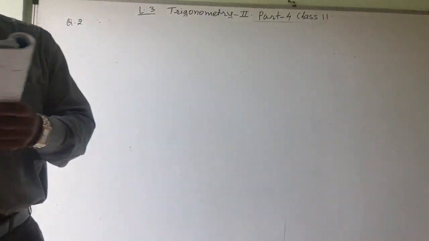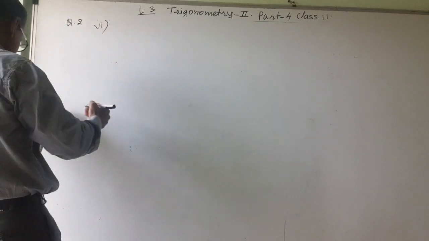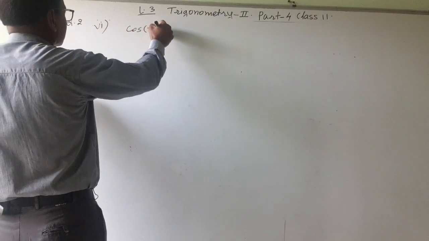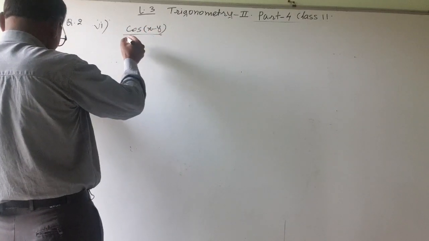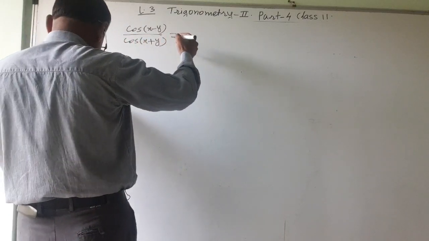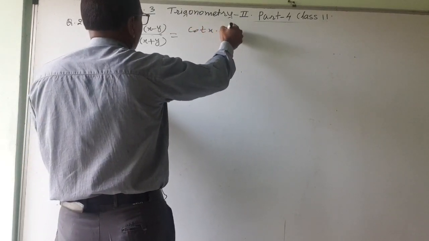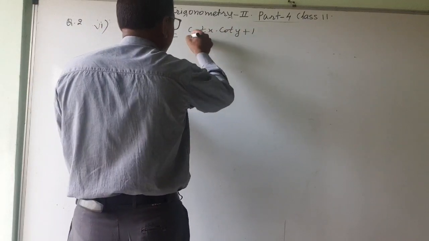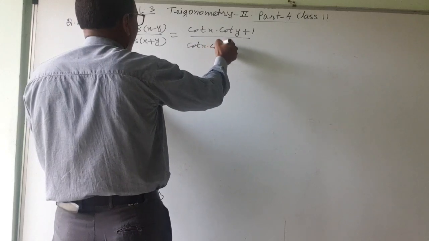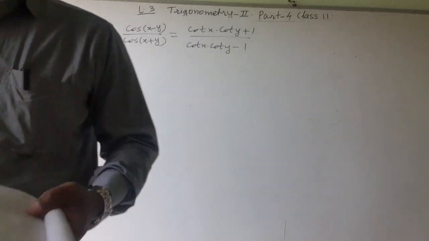So the sixth sum: cos of x minus y upon cos of x plus y is equal to cot of x into cot of y plus 1 upon cot of x into cot of y minus 1.